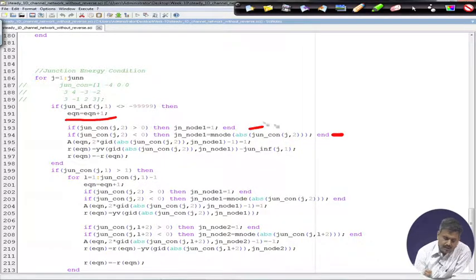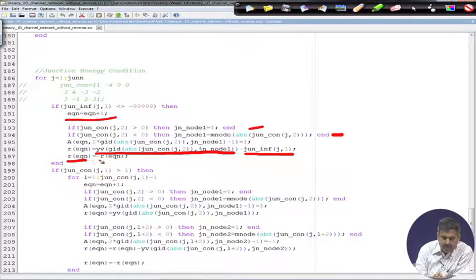We can directly provide the information there, that value in the second column minus the value which is directly provided at the downstream junction point or upstream junction point, depending on the junction condition. This is R equivalent equals to minus R equivalent.